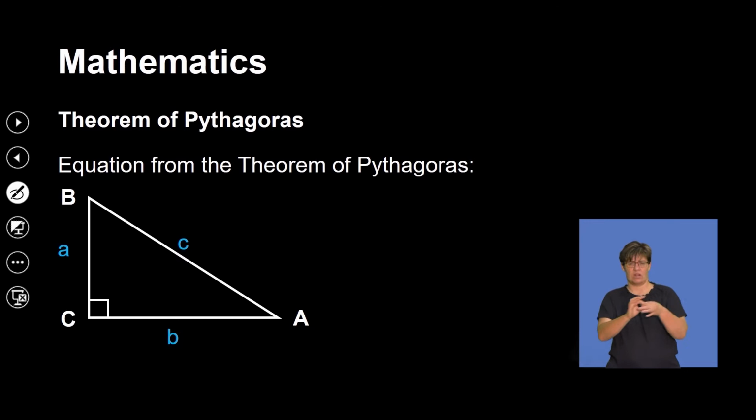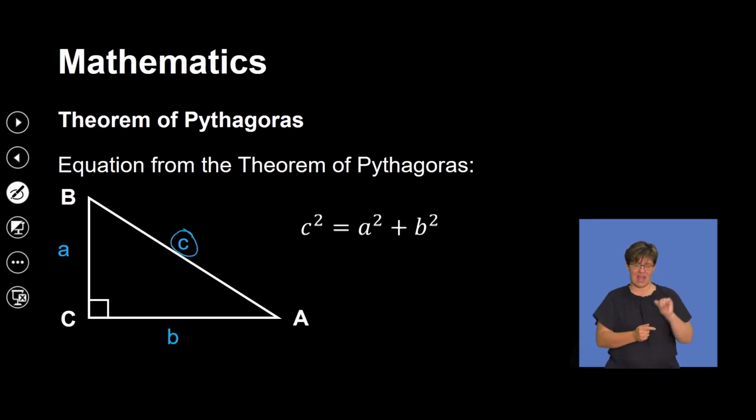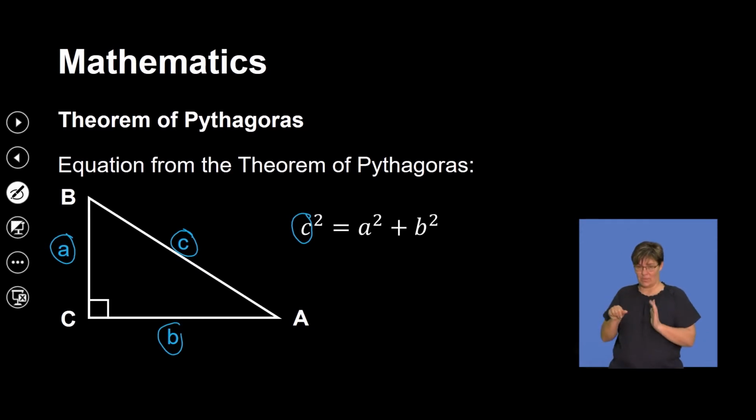As you remember, I said we name the sides according to the opposite vertices. So the Theorem of Pythagoras, if I say it in words, is: the square of the longest side is equal to the sum of the squares of the other two sides that are added together. So as you can see, it's a squared plus b squared. But you won't be required really to state it in words. You just need to understand the equation, because that's the main thing that we deal with.